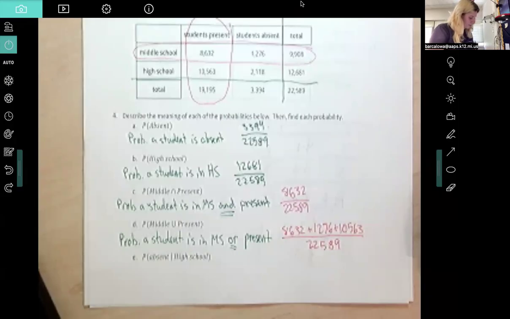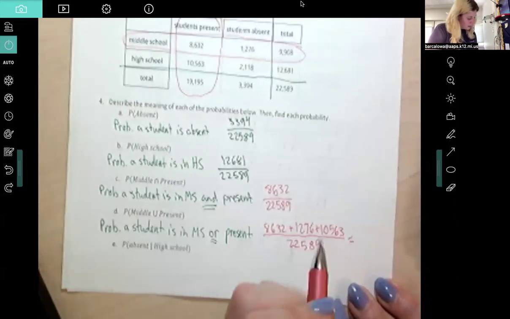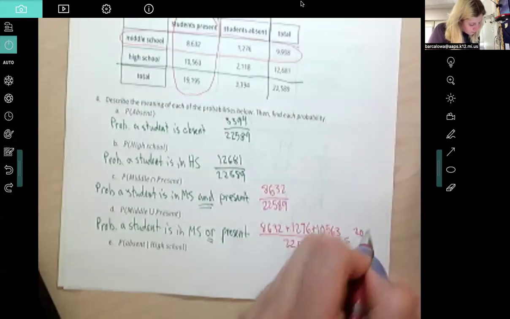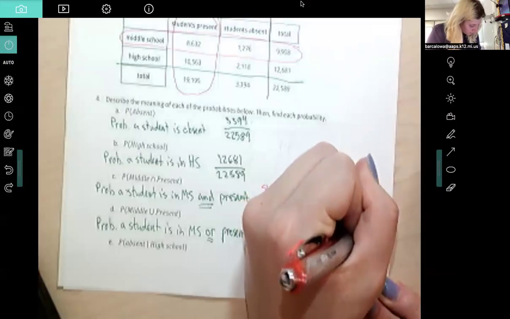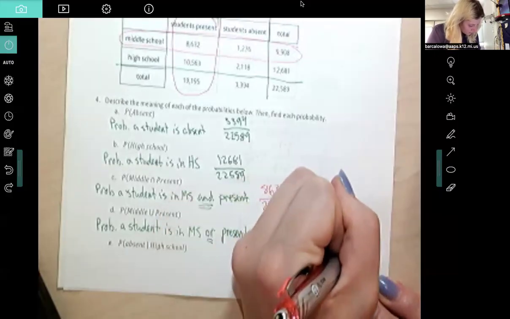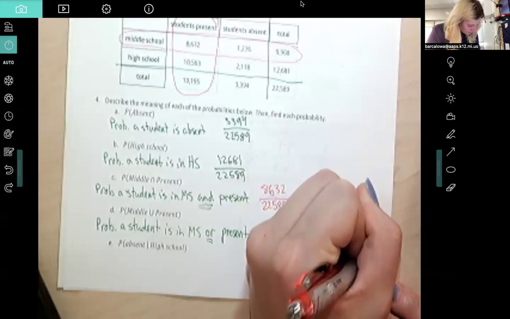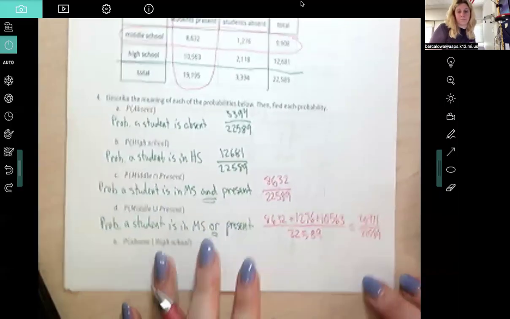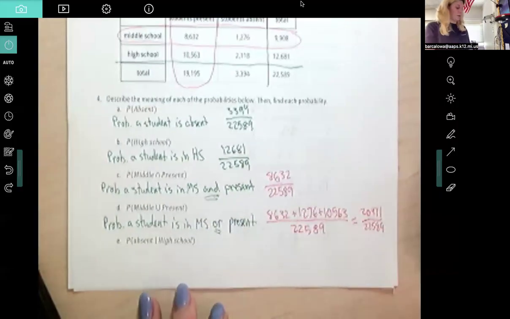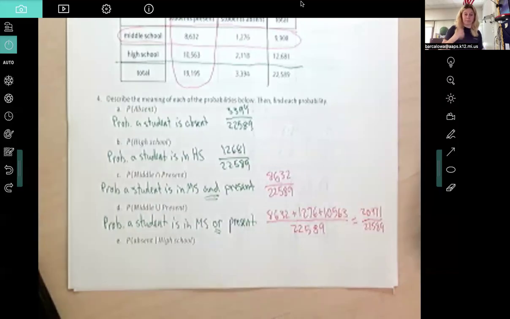I'm just adding these up. Okay, we got 20471 out of 22589. All right.